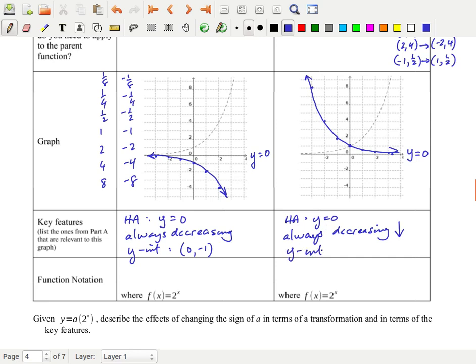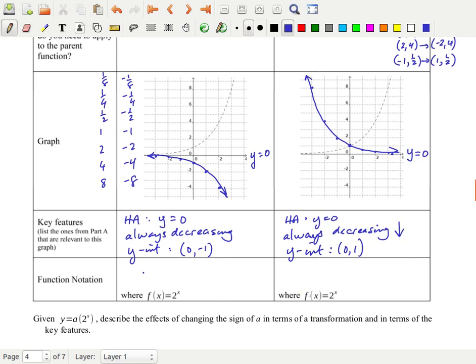The y-intercept in this case is still in the same place, (0, 1). The reason for that is here this was a vertical reflection which changed the y-coordinate, but for the second one it was a horizontal reflection which, multiplying 0, you still end up with 0.